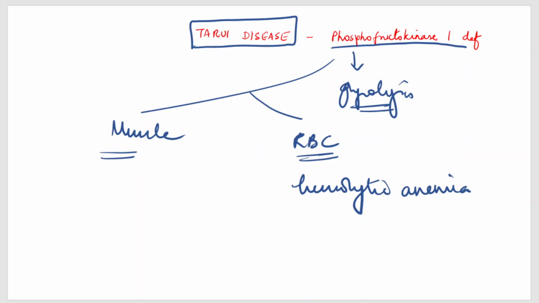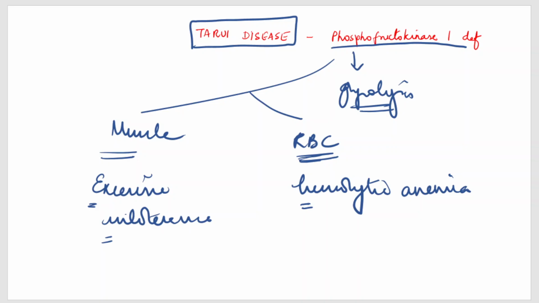And in muscle, when it is deficient, it can lead to exercise intolerance. Okay, it can lead to exercise intolerance. And also there can be low blood lactate levels because there is defective glycolysis in the RBCs. So hemolytic anemia and exercise intolerance, which is Tarui's disease.